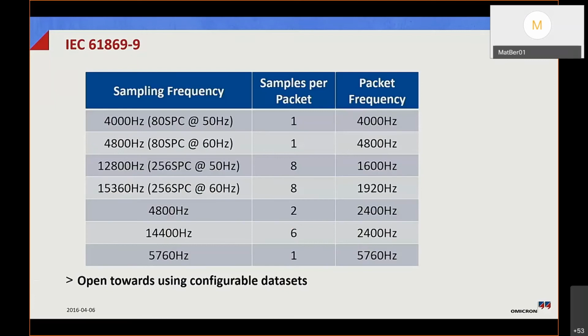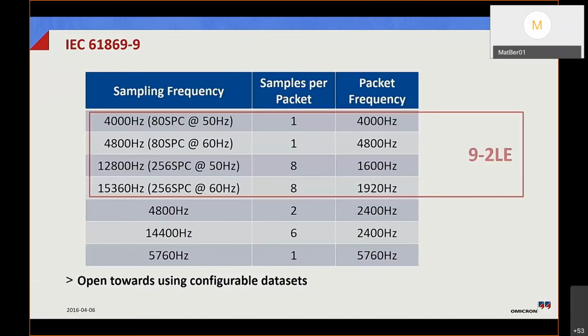Also, the variants have been extended because the picks were quite reasonable. First of all, what we have here in the list on the top is what we already had in the 9-2 LE profile. 9-2 LE wasn't a standard. It was just an implementation guideline, more or less a recommendation.